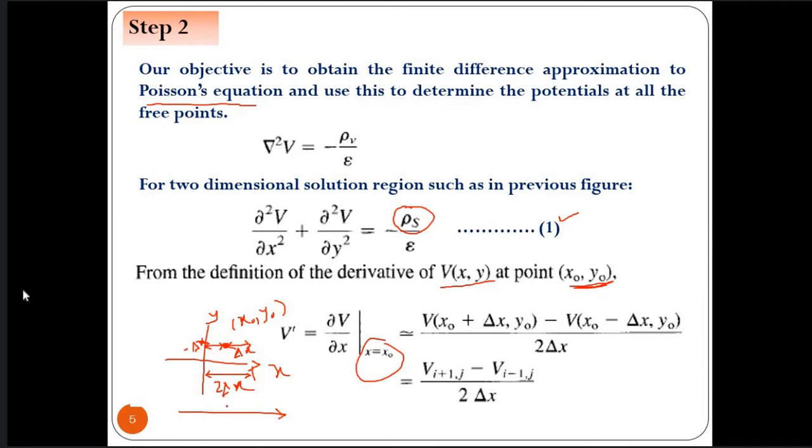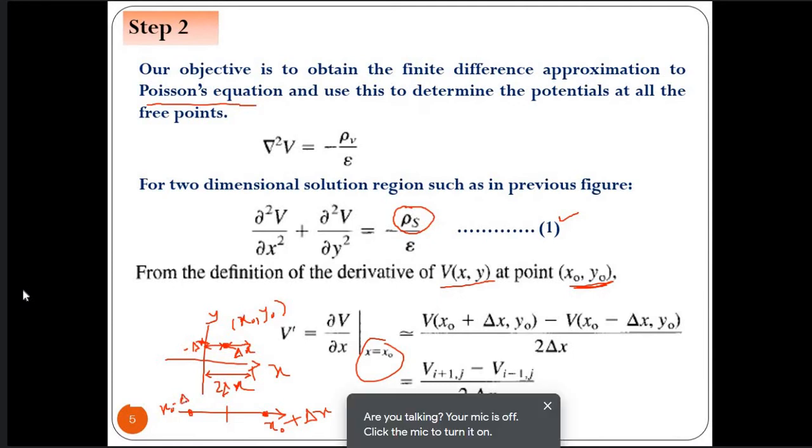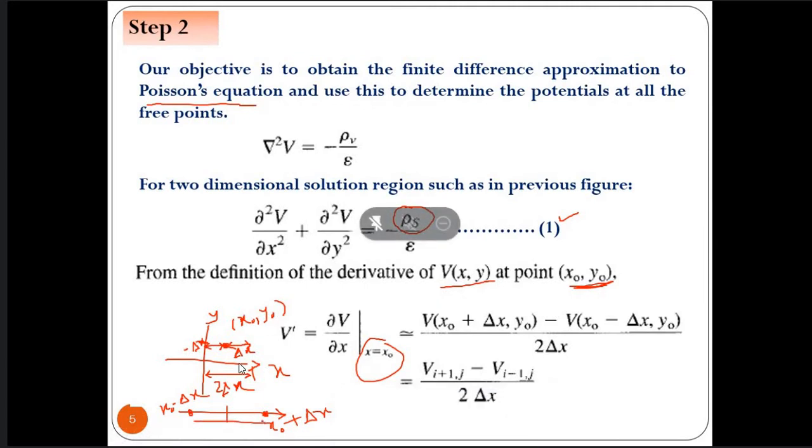So if it is x0, we move to x0 plus del x, and we consider another point, x0 minus del x. The total distance is 2 del x.